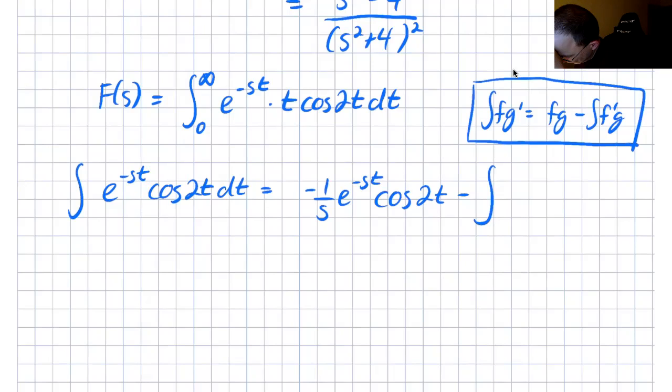And now I can take g and the derivative of cosine t. So that'll be that over 2 over -2. Okay, let's clean this up a bit.